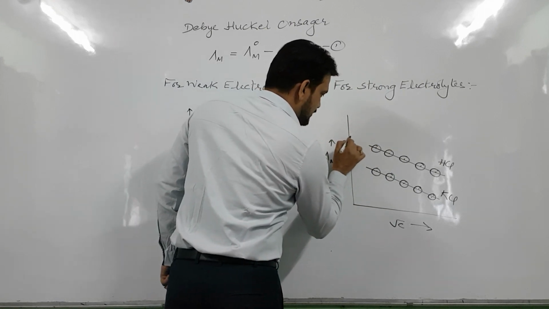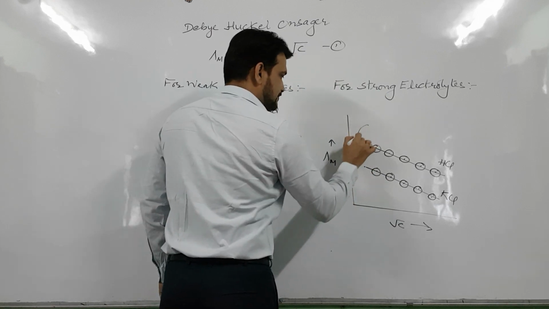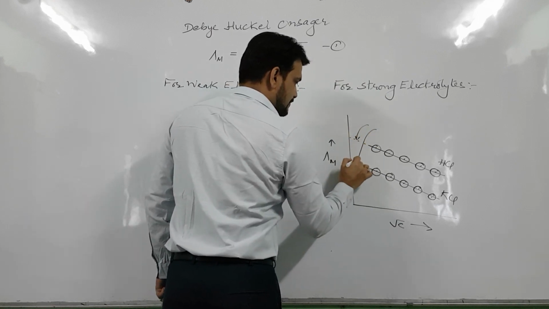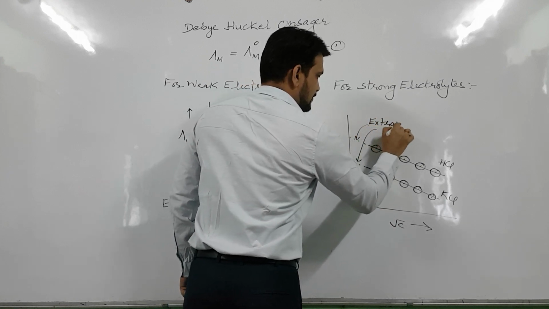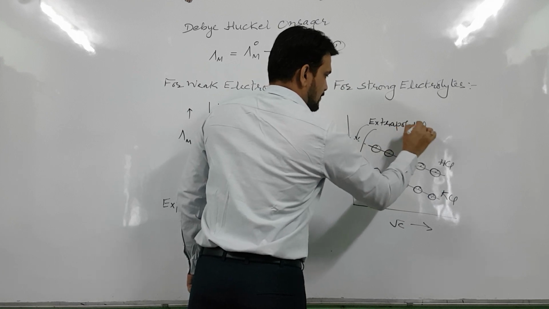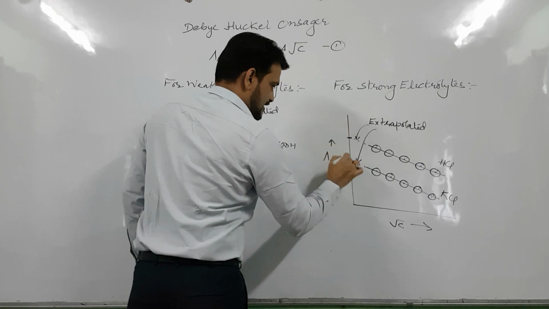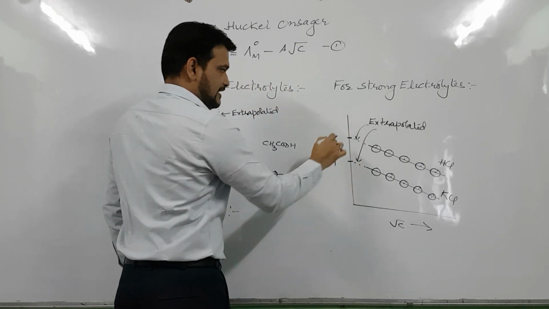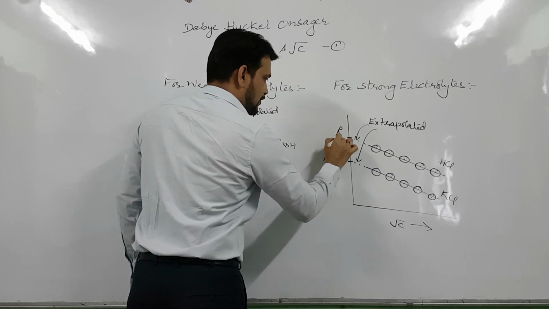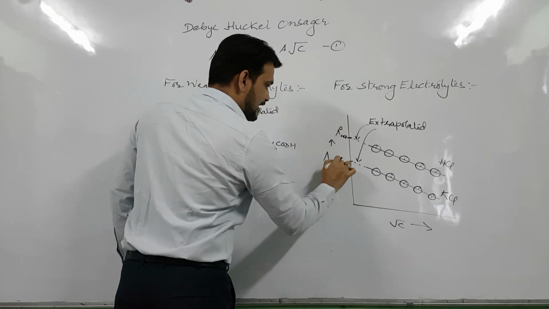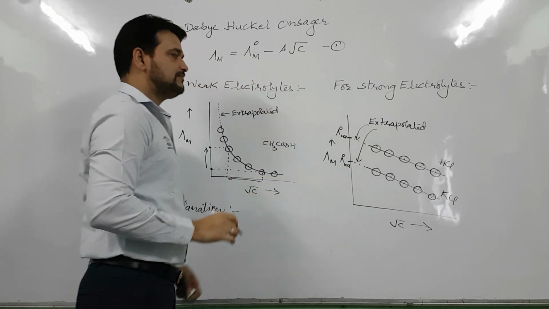And when the graph is extrapolated, we see that this curve will touch the y-axis here, and this is lambda naught for HCl and this value is lambda naught for KCl.